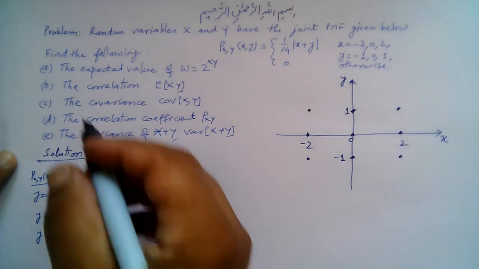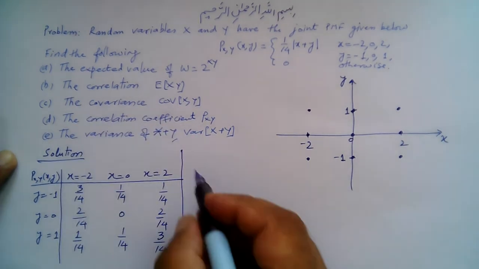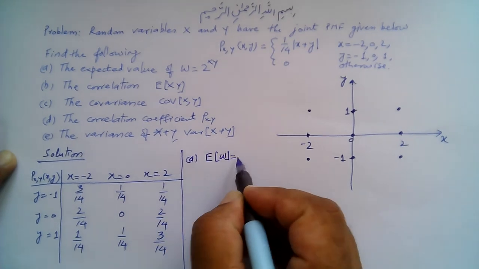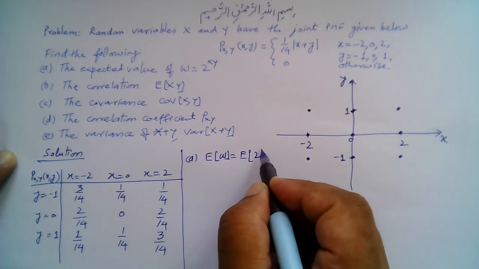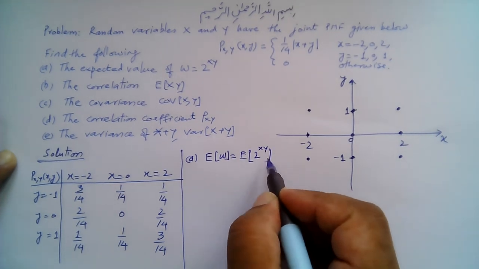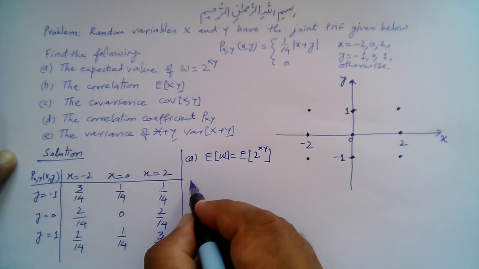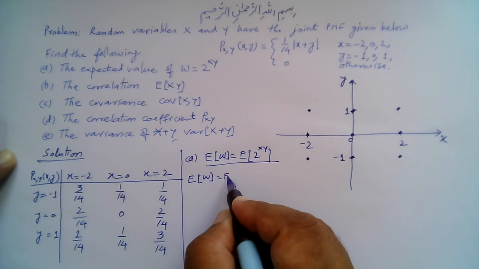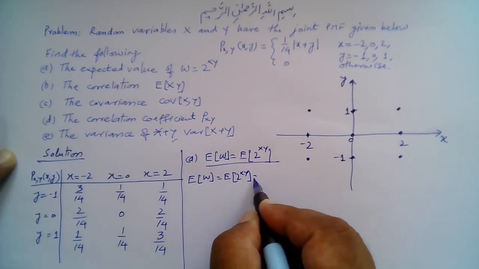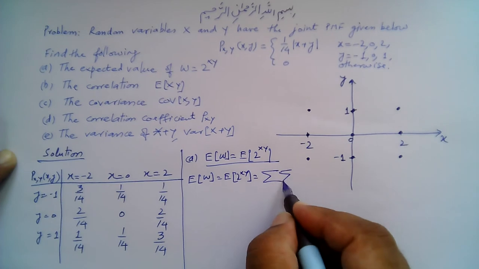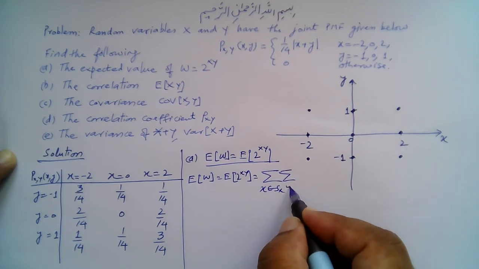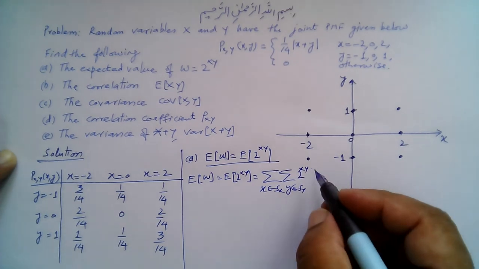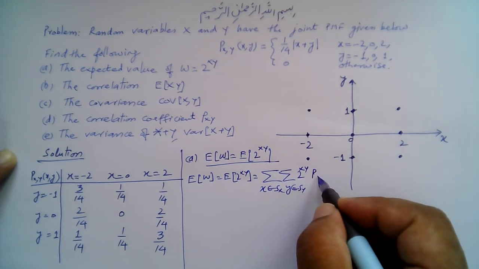Now let us begin with part A, which is the expected value of W, and this is equal to the expected value of 2 raised to the power XY, because W is equal to 2 raised to the power XY. The expected value of W is given by this double summation, over x in S_X and y in S_Y, of 2 raised to the power xy, multiplied by the corresponding value of the probability.